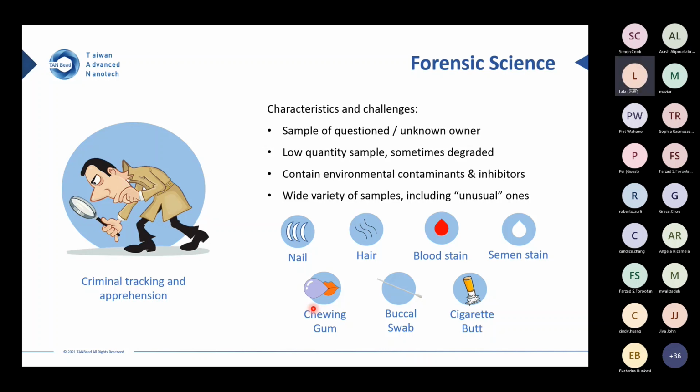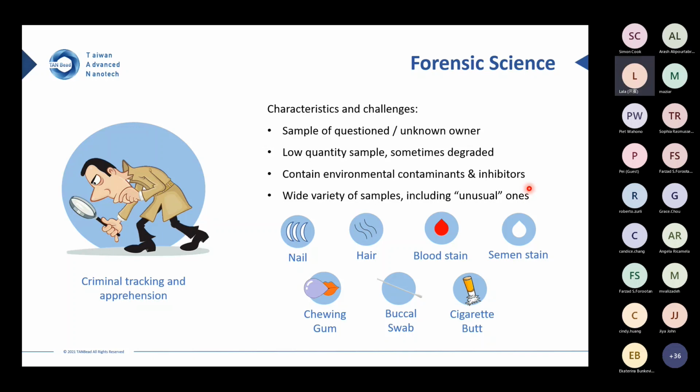We will be collecting samples from crime scenes, and the samples might be challenging because we're probably not really sure where or from whom the samples are coming from, so they are of questioned or unknown origin. And the quantity might not be much. Depending on the environment, they might even be degraded, and they might contain some contaminants or inhibitors.